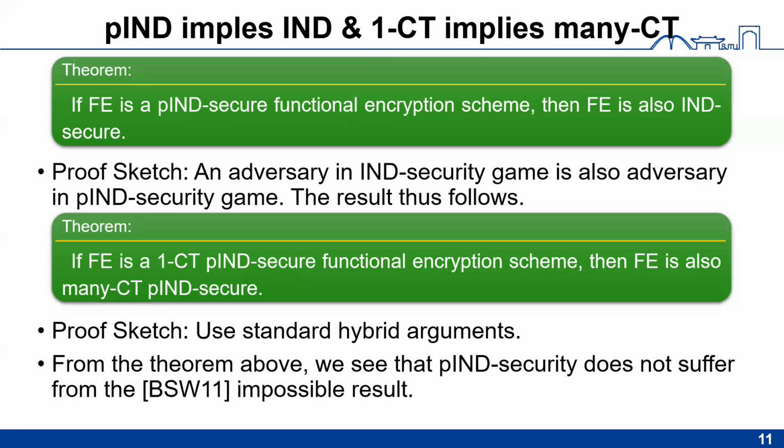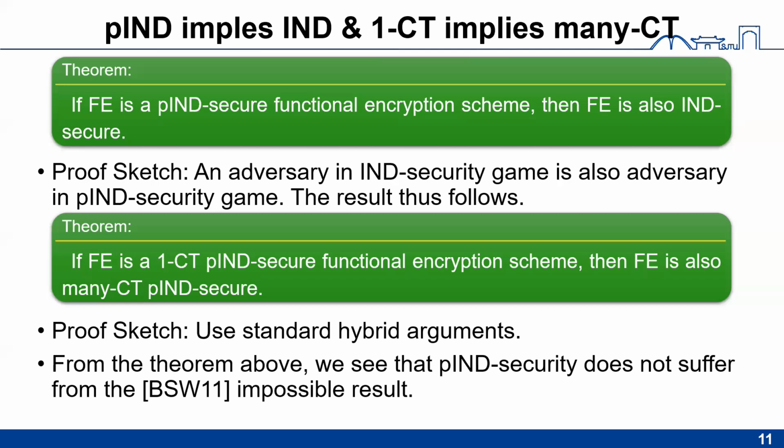The second theorem says that if FE is a P&D secure functional encryption scheme, then FE is also IND secure. And the proof is rather simple. Any adversary in the IND security game is also an adversary in the P&D security game. The result thus follows.